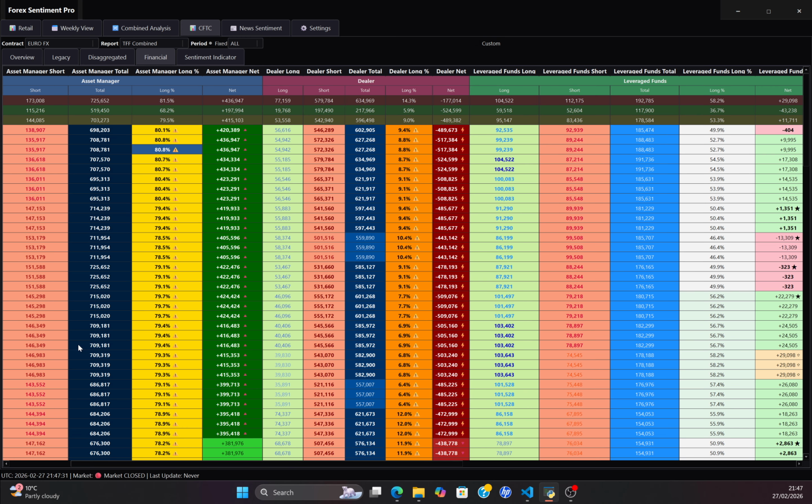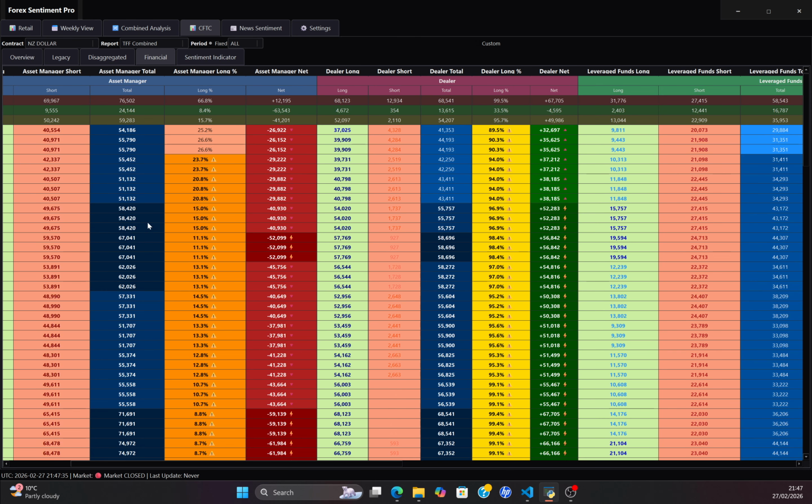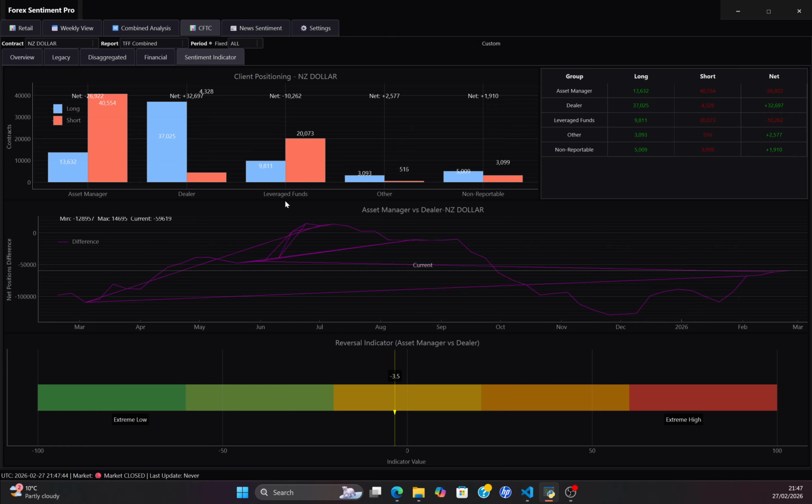As I said, currencies, cryptocurrencies, commodities, and stocks. Then you have the sentiment indicator, which is quite a good analysis. It's been conducted for the selected contract and group you're selecting.